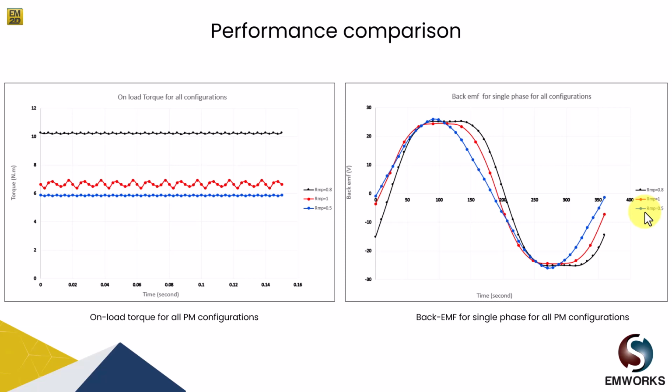It depends on the performance criteria, and whether you need to reduce the torque ripple or want a better power factor for your motor. Accordingly, you have to size your magnet arc.